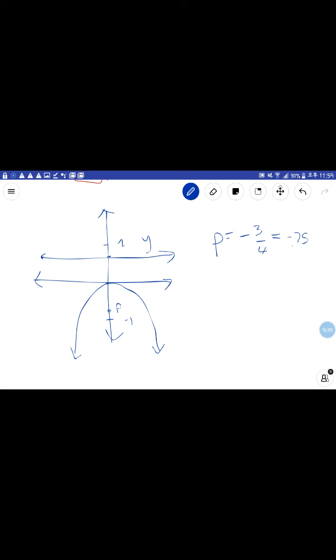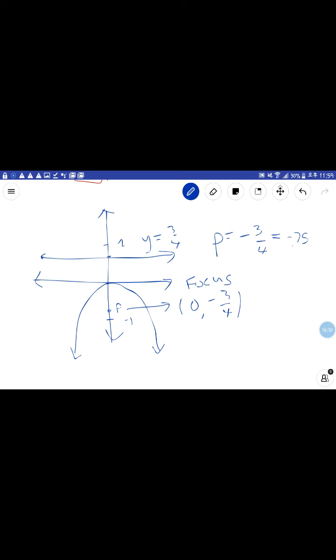Y equals positive 3/4. That is going to be my directrix. Okay? And then what is my focus? 0, comma, negative 3/4. Alright, so I already got it. First I have to find my focus. That's my answer. That's my focus.